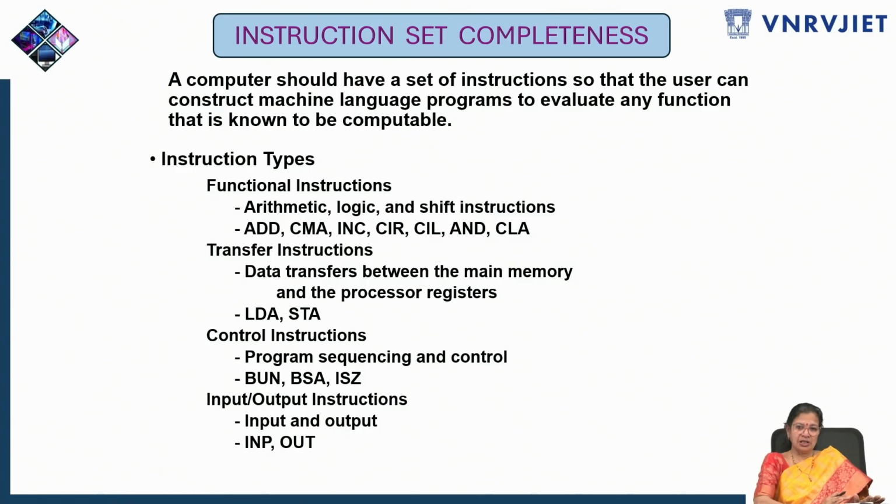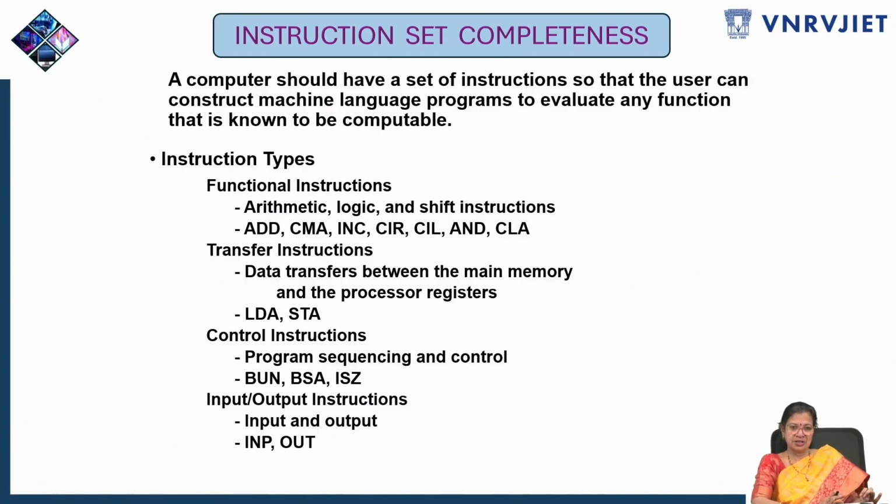The basic computer's instruction set architecture has been followed by the next advanced processors also. Instruction set completeness is possible with a minimum of 4 kinds of instructions.